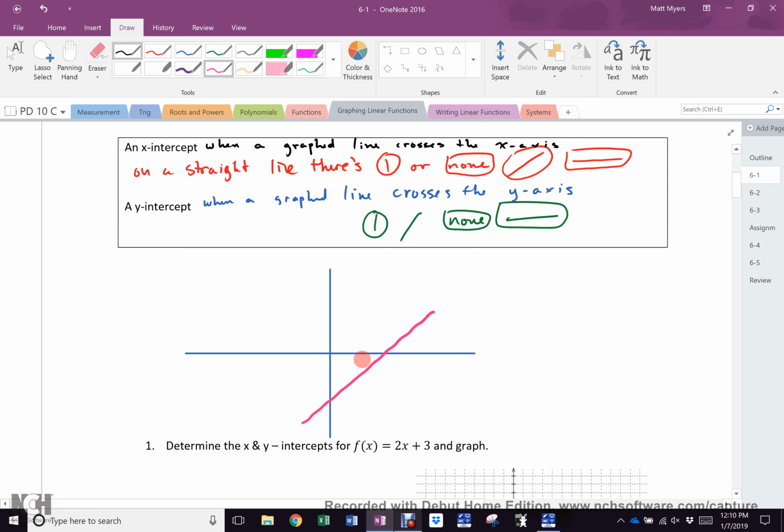Now, here, where in my drawing is the x-intercept? Is it point A or point B? It is point B. This is my x-intercept. Wait.